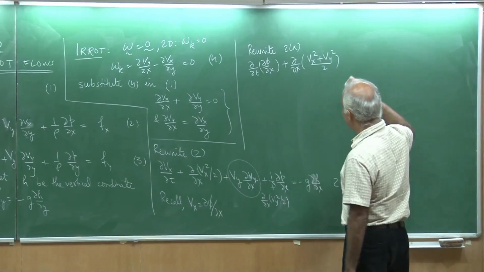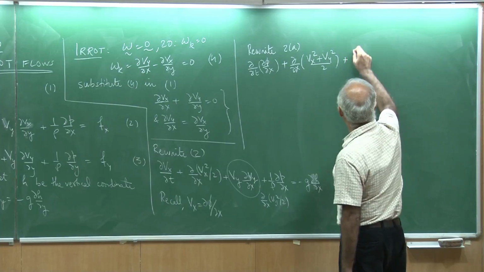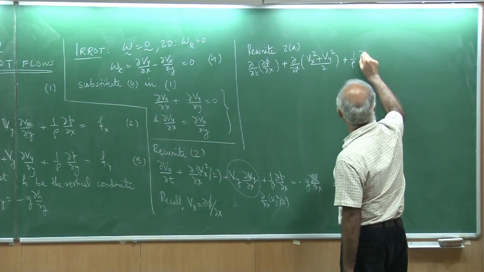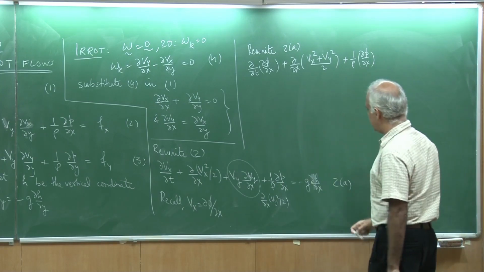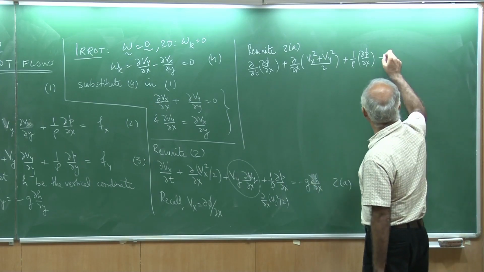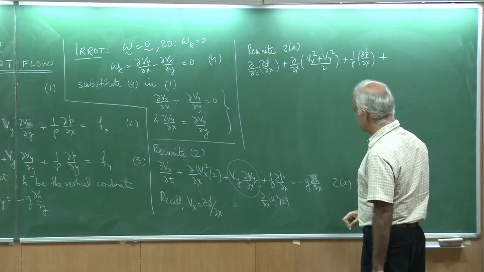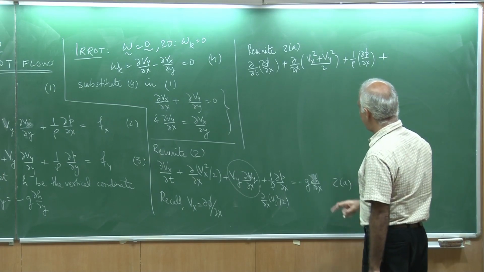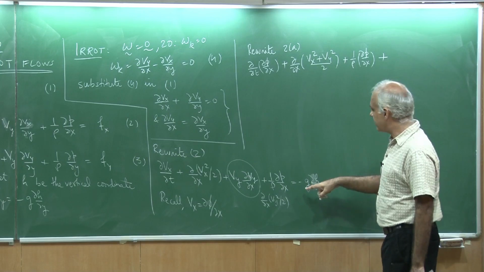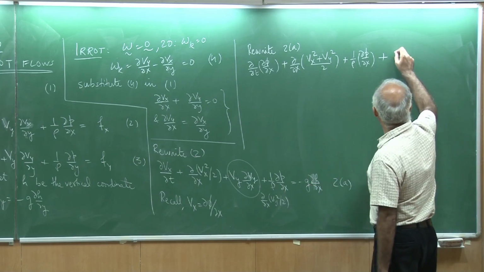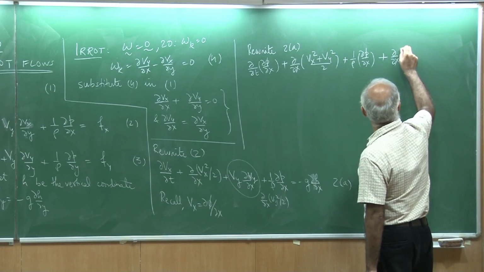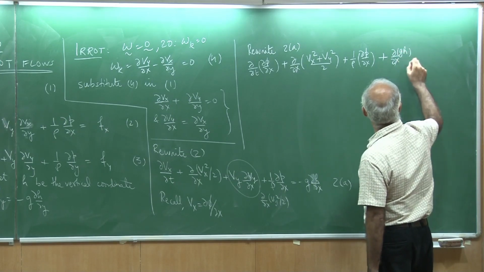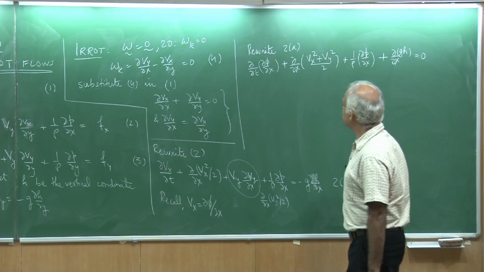This term I will leave as is plus 1 by rho del p by del x, and the other term I will bring it back to the left hand side, and because g is a constant acceleration due to gravity, so I will write it as del by del x of g times h, this is 0.